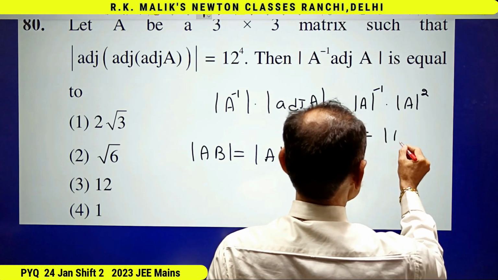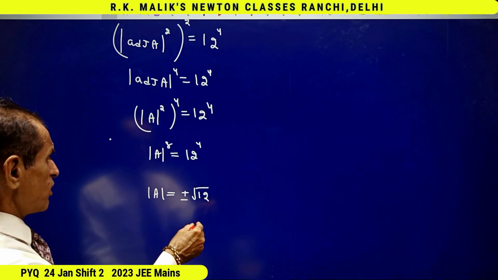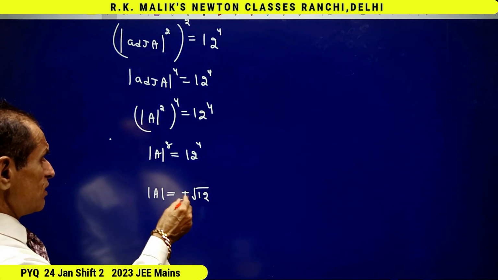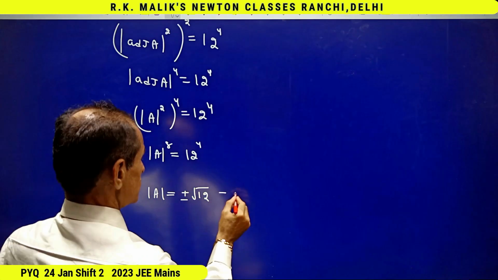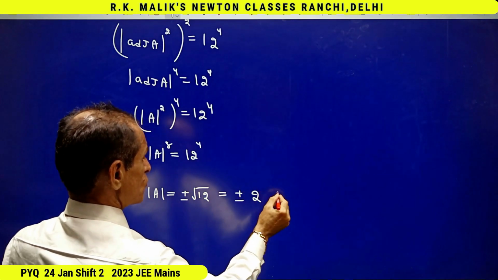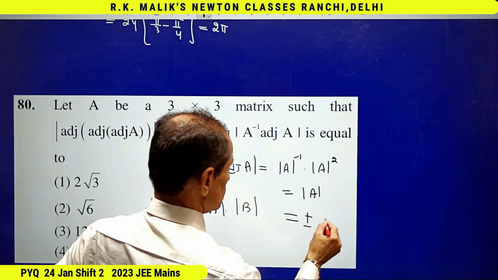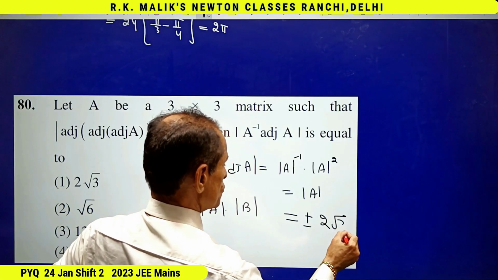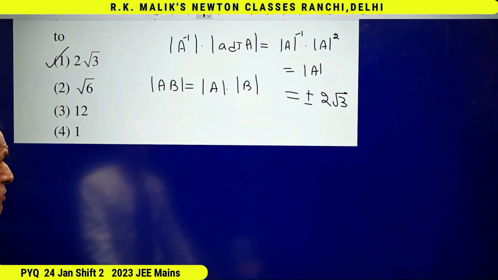That is, I get determinant A. And I had already concluded that determinant A is plus minus root 12, that is plus minus 2 root 3. Hence the answer is plus minus 2 root 3. Hence I can say first choice is the correct choice.